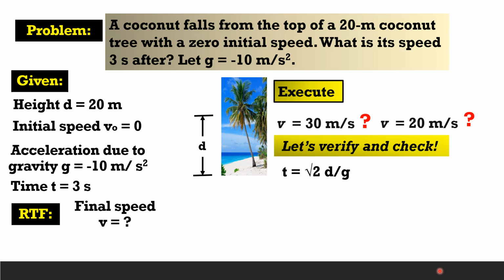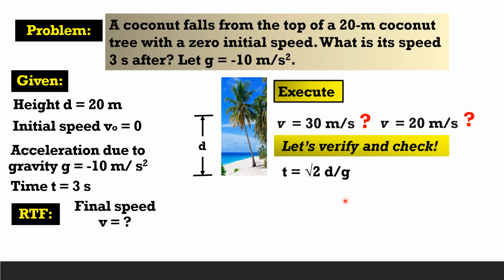This time we have to determine the time elapsed because we aren't sure that the time elapsed is indeed 3 seconds. This formula, t is equal to the square root of 2d over g, is taken from the original formula d is equal to v naught times t plus 1 half gt squared. But since v naught is equal to 0, this is the working formula to find the time t.